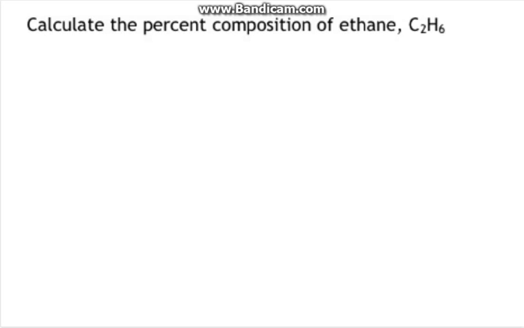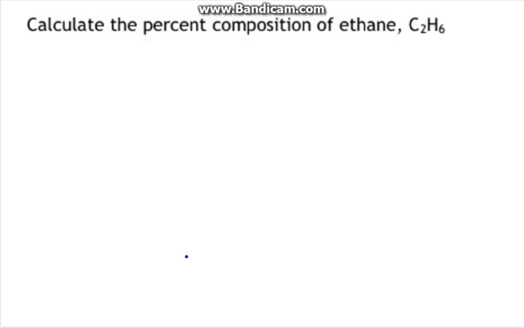Alright, let's check your work. Calculate the percent composition of ethane, which is C2H6. Before you can even calculate the percent composition, you have to know the formula. And remember, I told you that you have to have that formula memorized because it's not given to you on your formula chart.